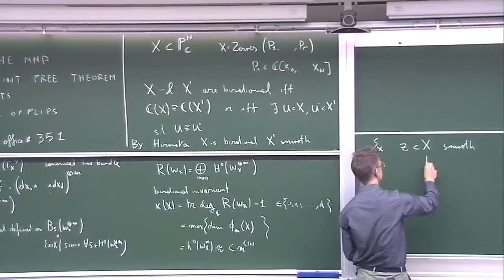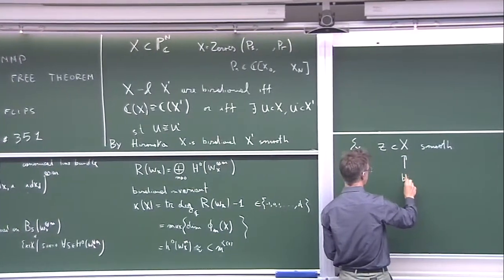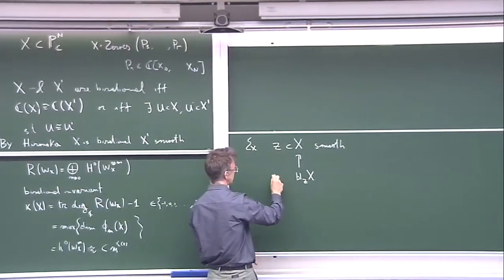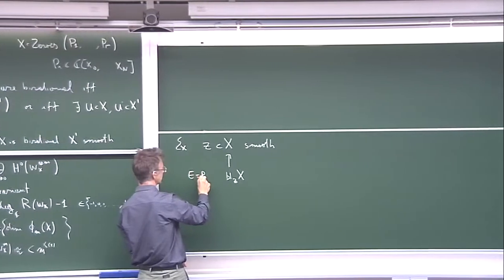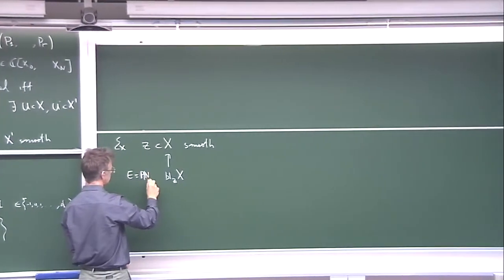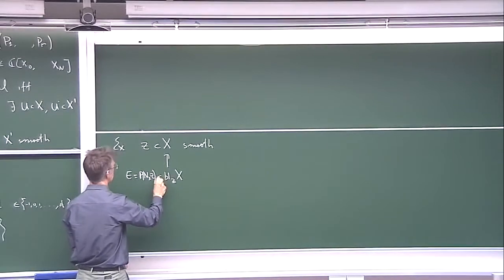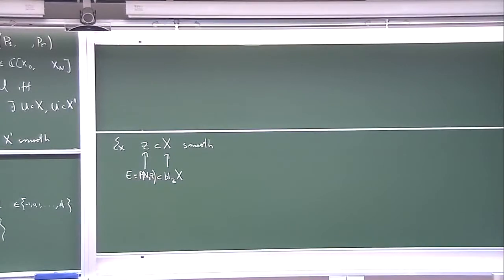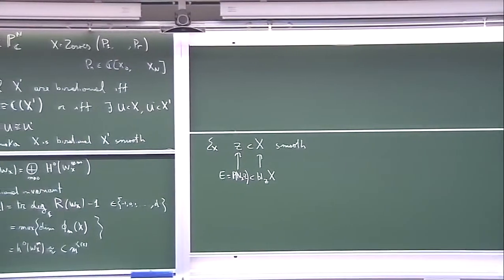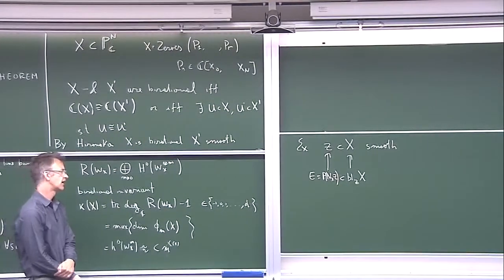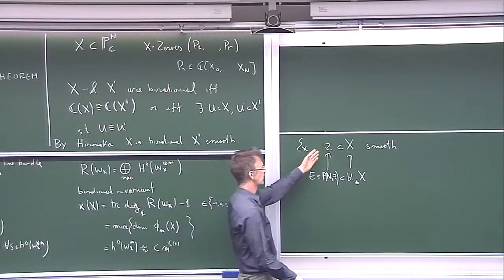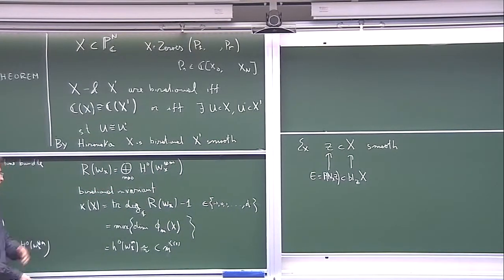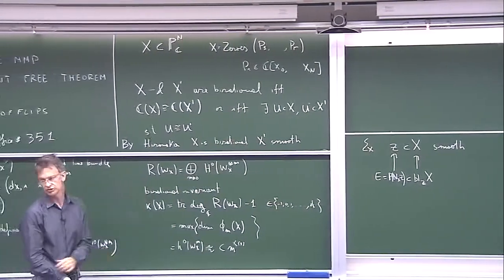Then you can blow up x along z, and this operation replaces z by an exceptional divisor, which is just a projectivization of the normal bundle in x to z. And in fact, it turns out that birational equivalence is generated by operations like this.